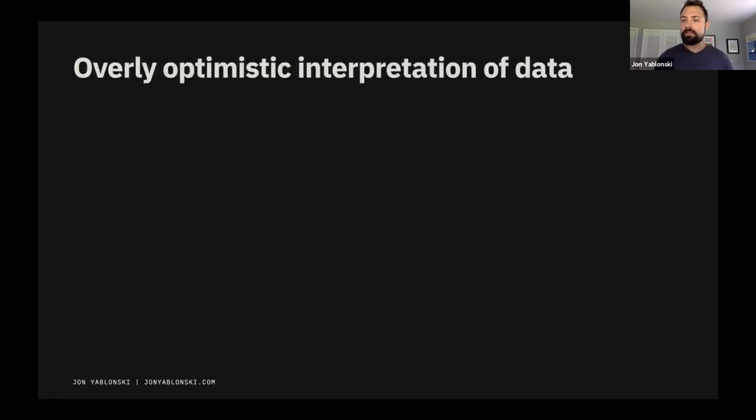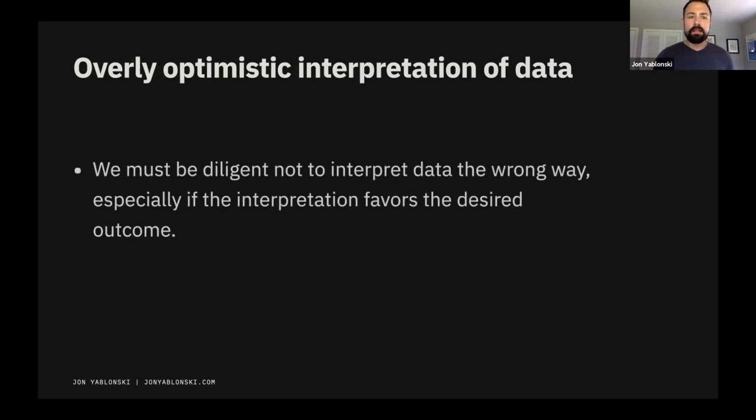Another thing we can do to mitigate confirmation bias is to be cognizant of overly optimistic interpretations of the data. We must be diligent not to interpret data the wrong way, especially if the interpretation favors the desired outcome.